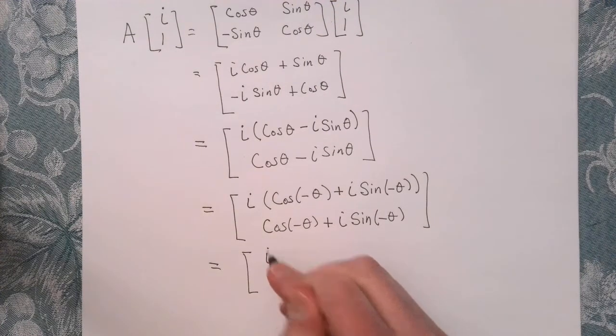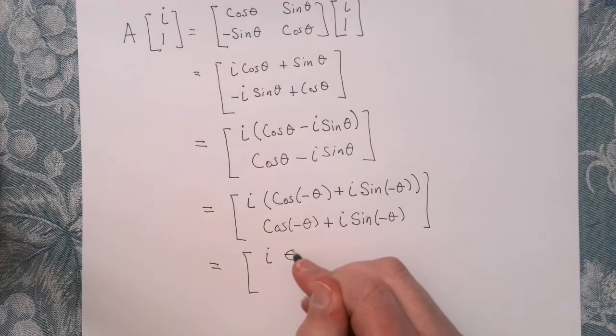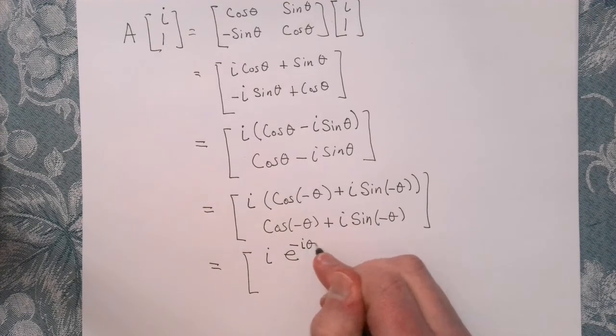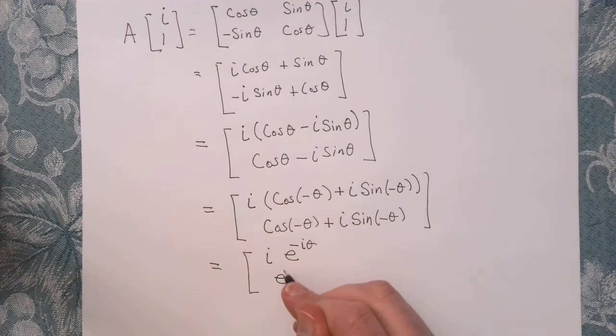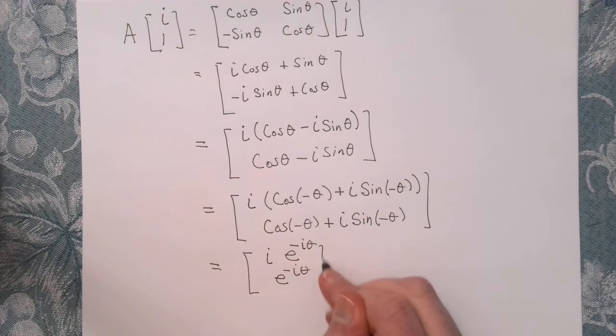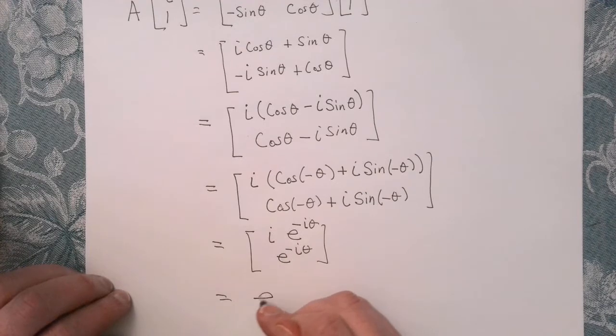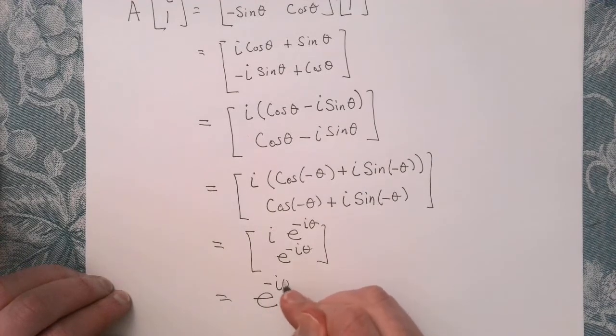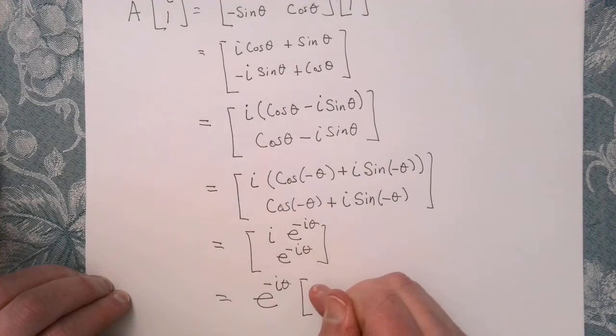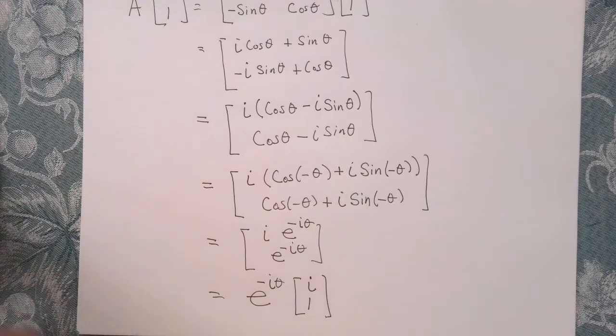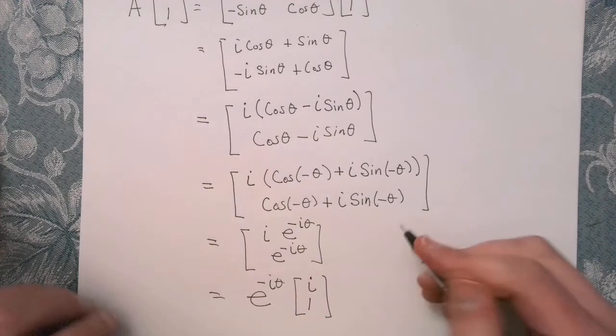We've got i times e to the minus i theta, and then down here, this is e to the minus i theta. But I can write this exactly in the following way: e to the minus i theta times the column vector i, 1. And so again, we see the definition of eigenvector. So this must be an eigenvector for A.